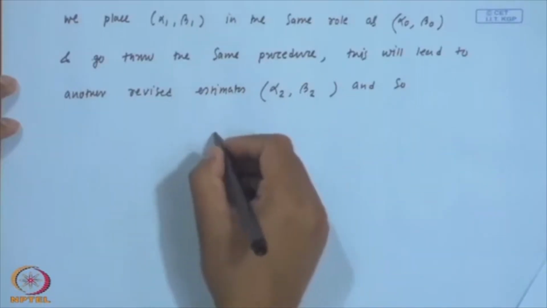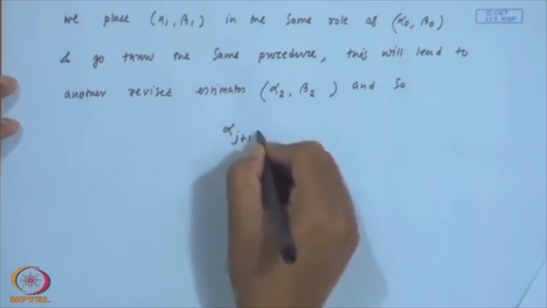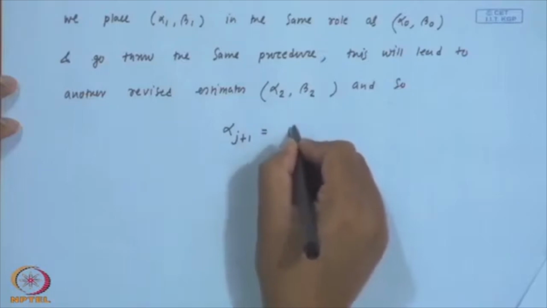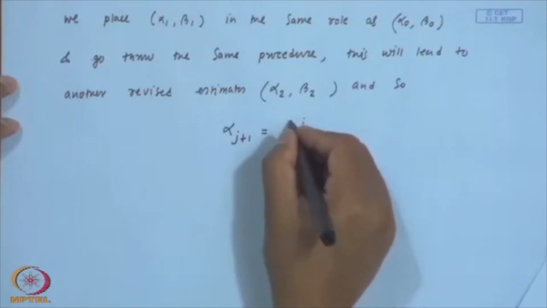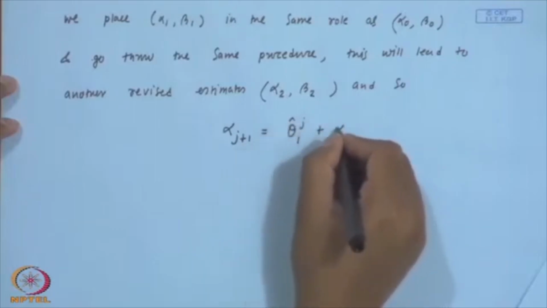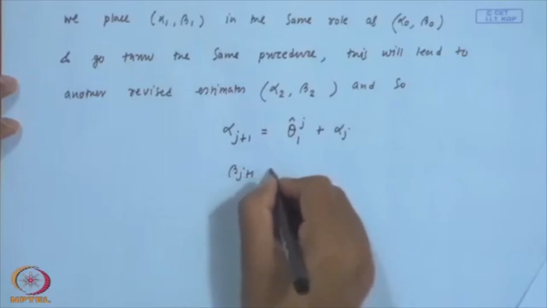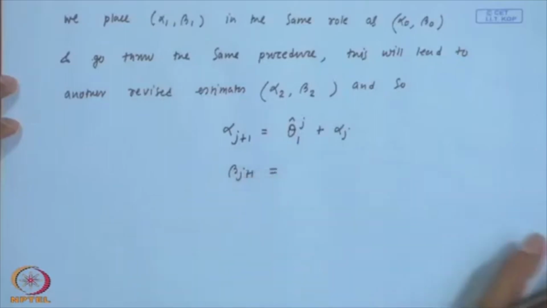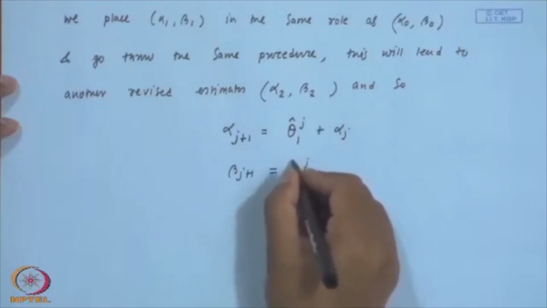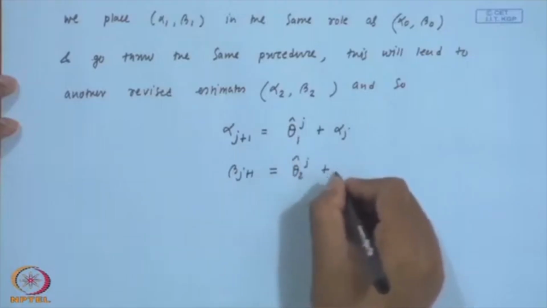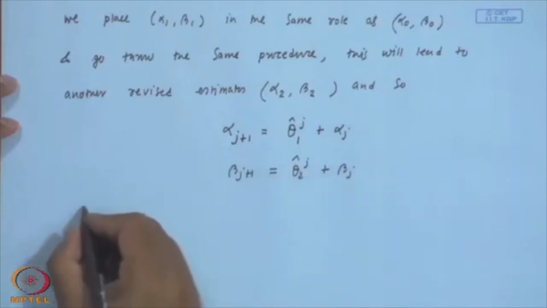So, at the jth step we will have alpha j plus 1 equal to theta 1 j hat plus alpha j, and beta j plus 1 equal to theta 2 j hat plus beta j. So, we continue this process.